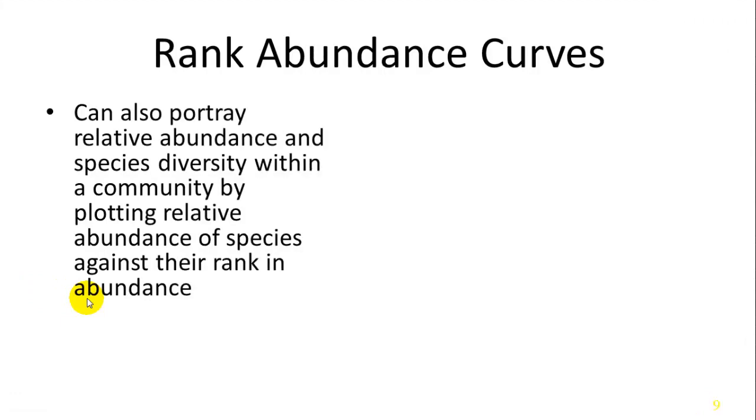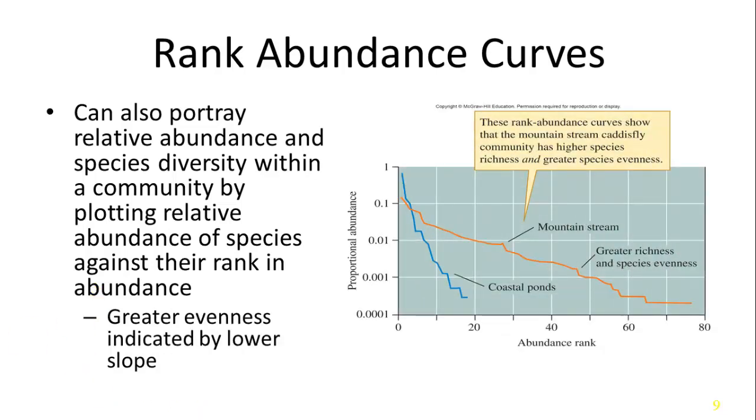Alright, rank abundance curves. This can also portray the relative abundance and species diversity within a community by plotting relative abundance of species against their rank in abundance. So here's your abundance rank on the x-axis. Here's the proportional abundance. And evenness is indicated by a lower slope.